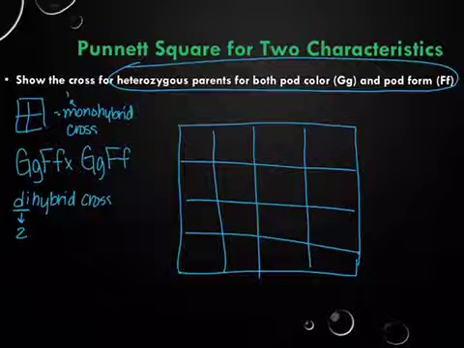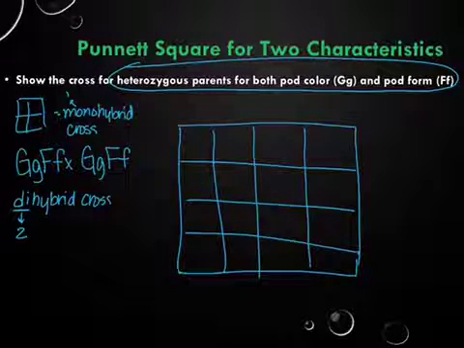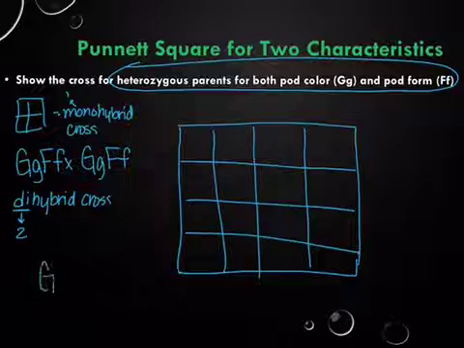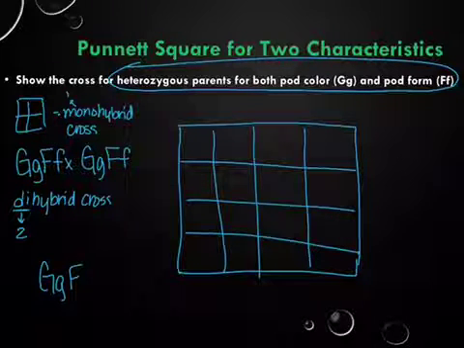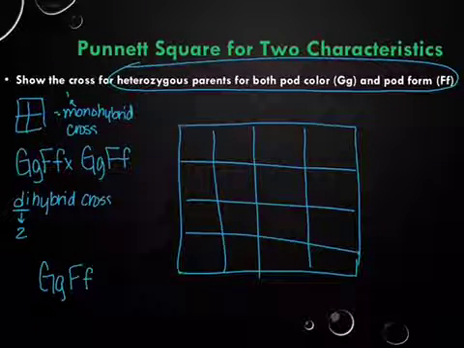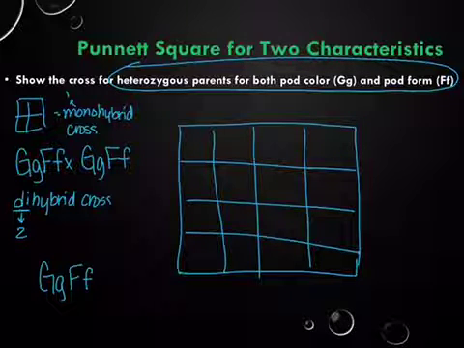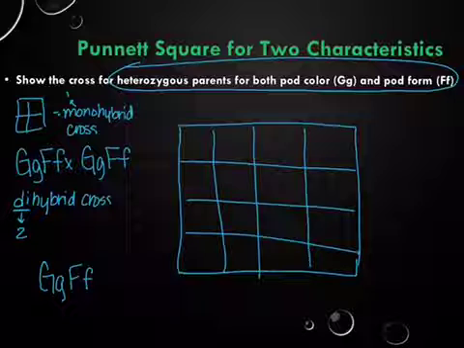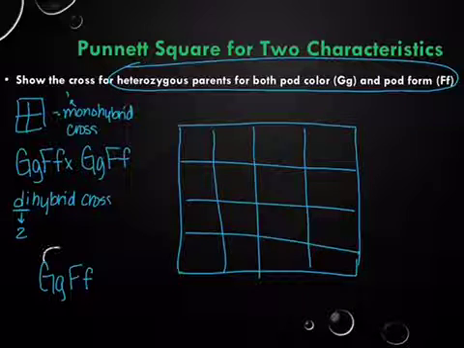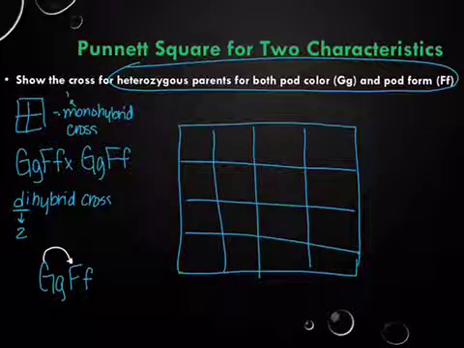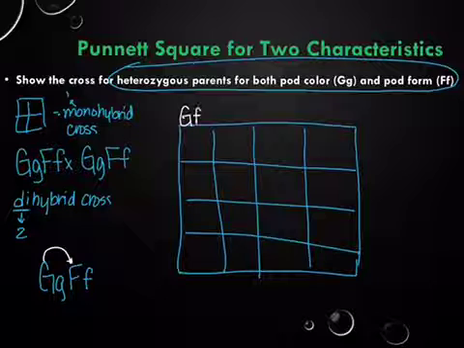And then to figure out the alleles to go across the top, we take one parent and we do all of the possible combinations of the G's and the F's. So we're going to take this first one, big G and big F is 1.